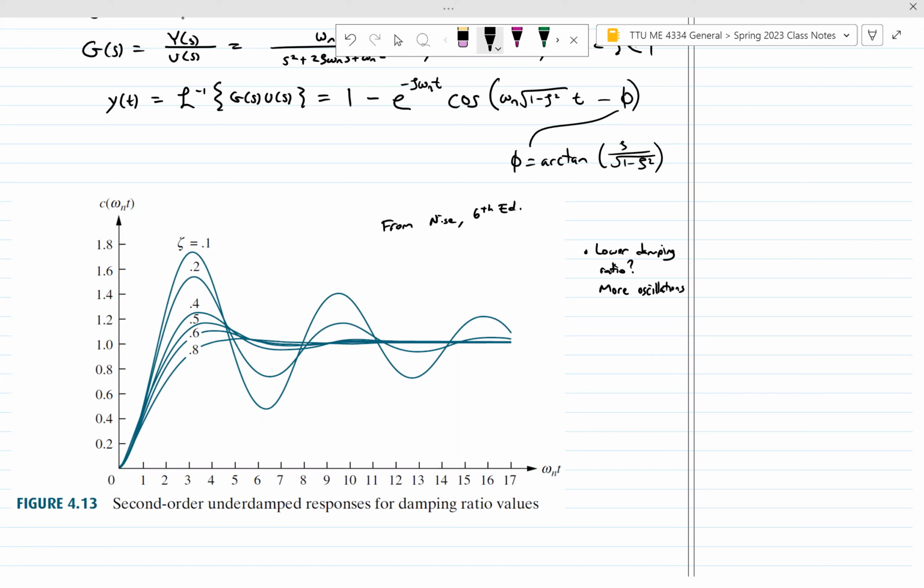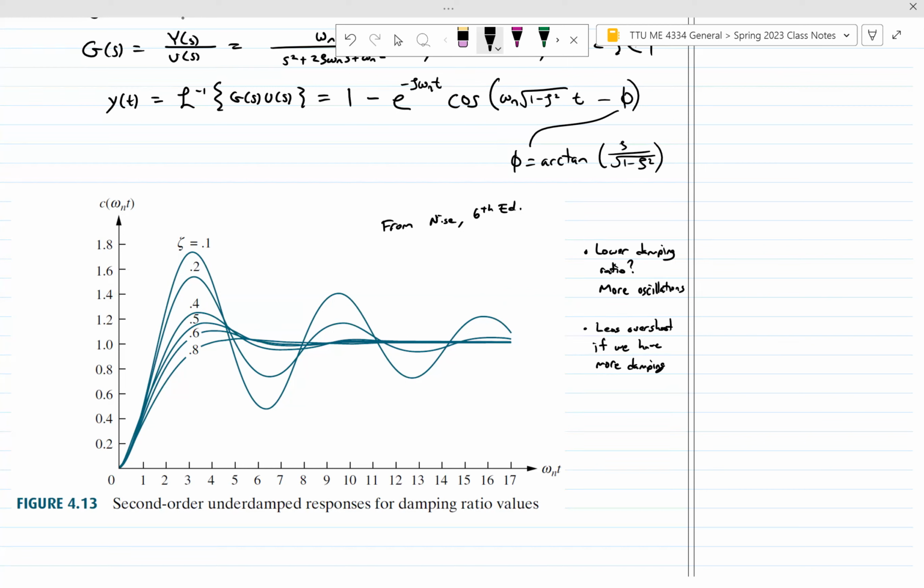Less overshoot. That's something else that we can see here, specifically with less overshoot, if we have more damping.